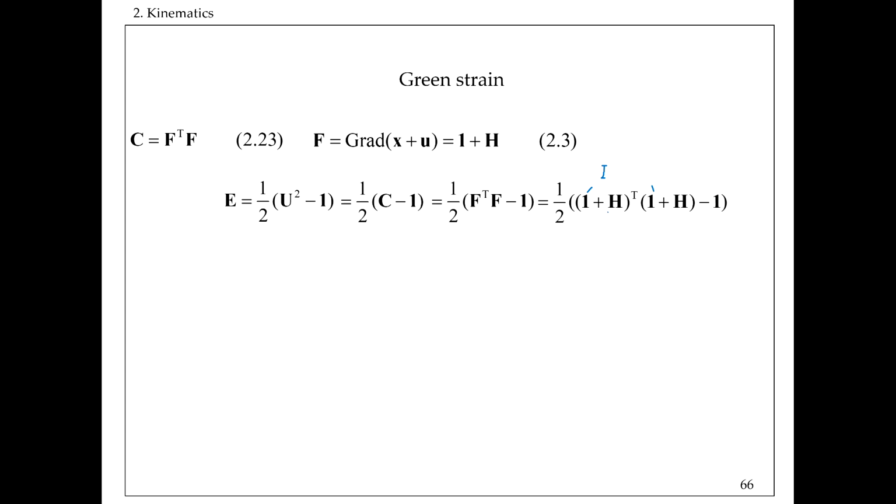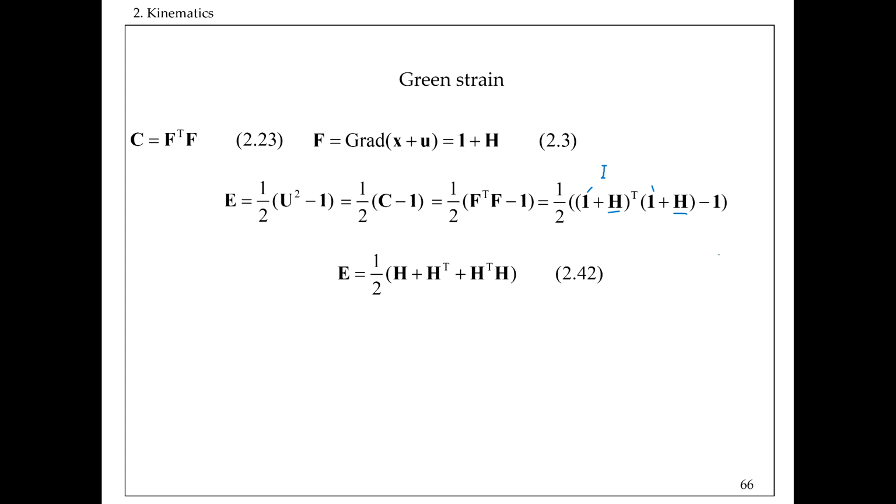Now we have the nonlinear term h transpose h, which we will keep, and we will have one h transpose multiplied by the identity and one h multiplied by this identity. So we have h plus h transpose plus the nonlinear term h transpose h. And this identity is gone because this is minus, and these two multiplied by the identity tensor are just with plus.